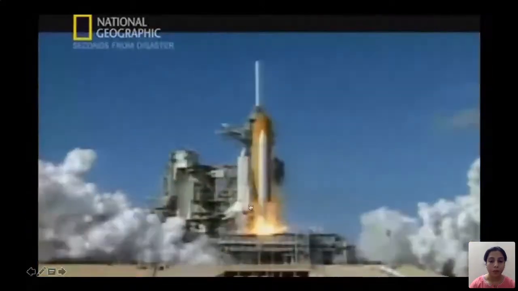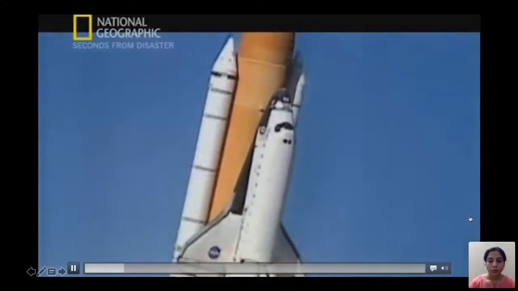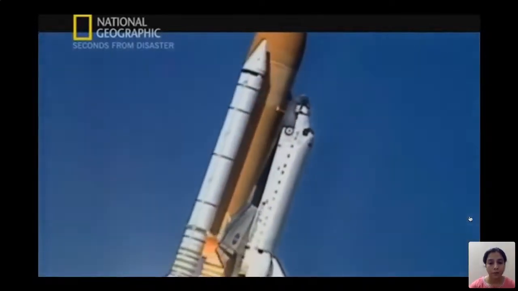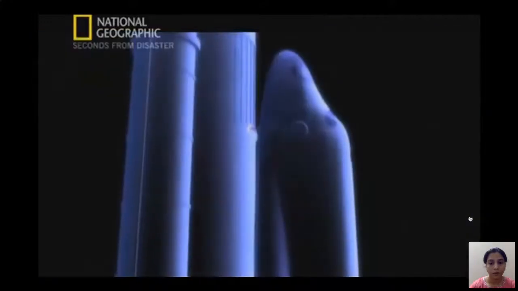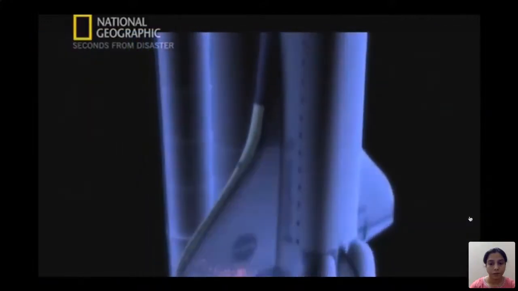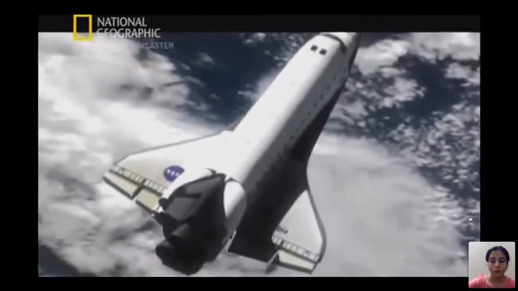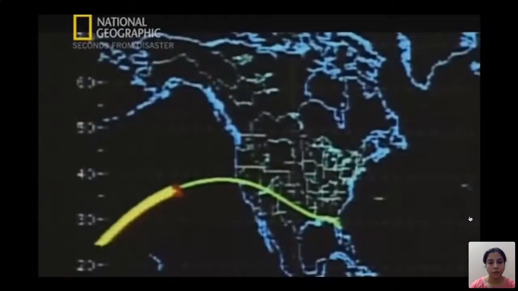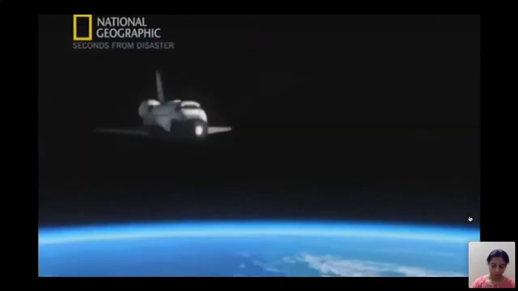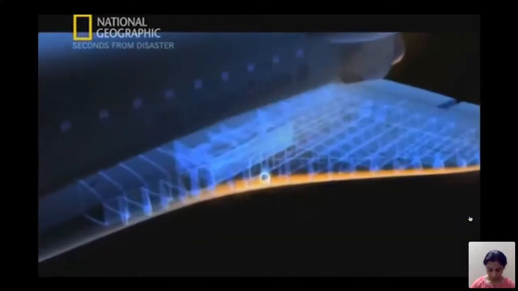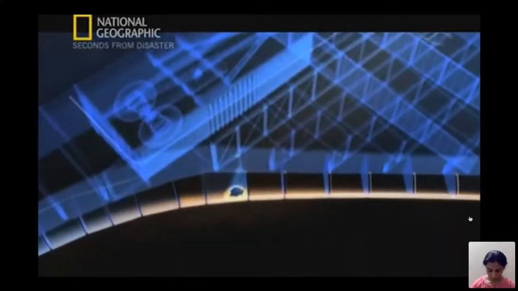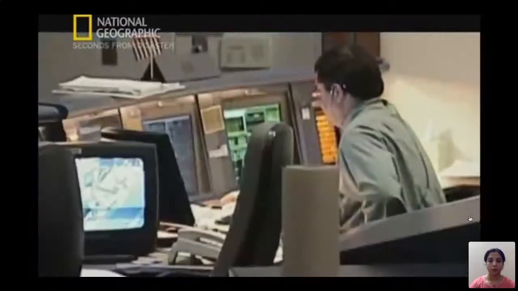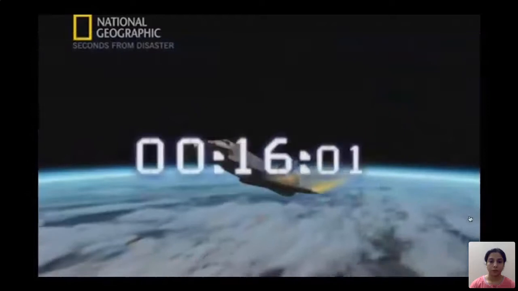January 16th, 2003. Liftoff of Space Shuttle Columbia with a multitude of national and international space research experiments. Investigators now know that during launch, a piece of foam no bigger than a briefcase breaks off from the fuel tank. It crashes into the wing and blasts a hole around 25 centimeters in diameter. February 1st, 2003. 50 minutes to disaster. Mission Control gives the Columbia crew the go-ahead for re-entry. What nobody knows is that the outer skin designed to protect them from the fearsome heat has a fatal breach. 16 minutes to go.